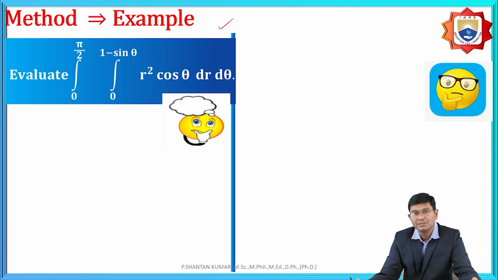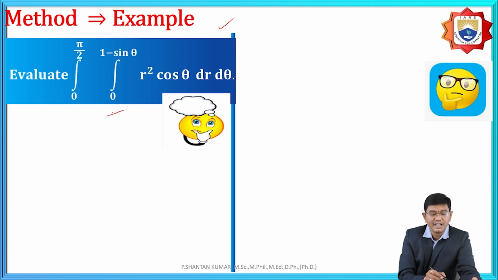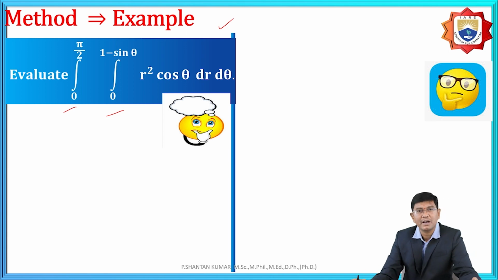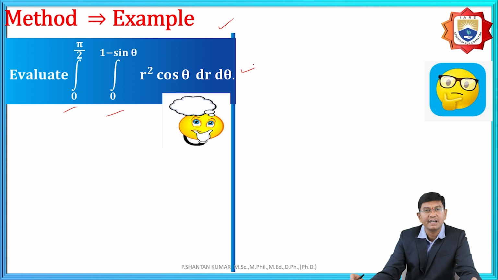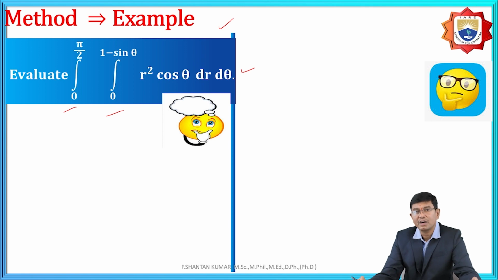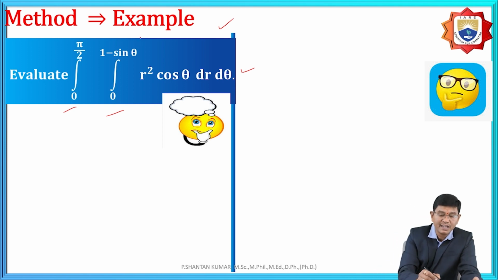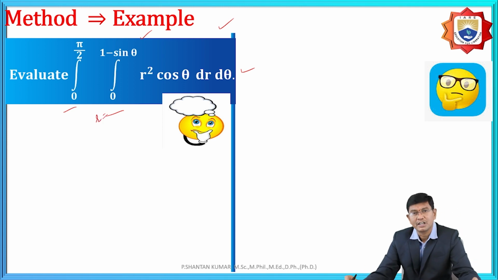Here also, the limits are in terms of θ first, and the rest of the limits are 0 to π/2.